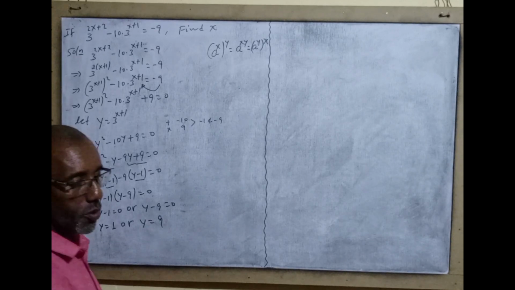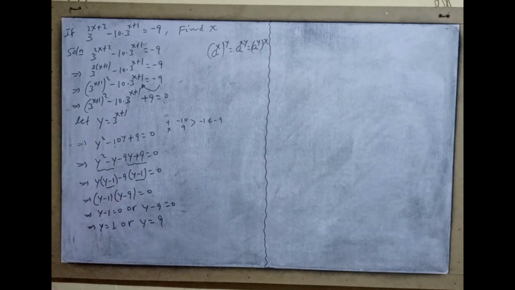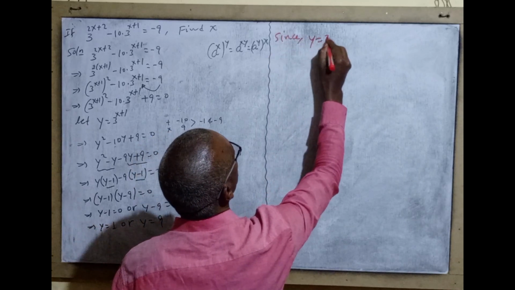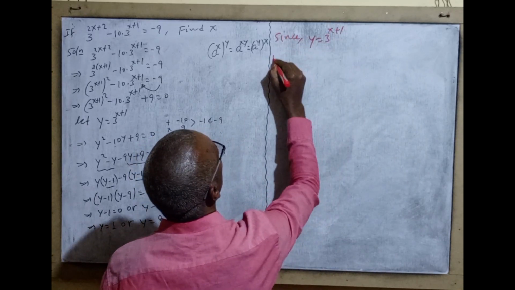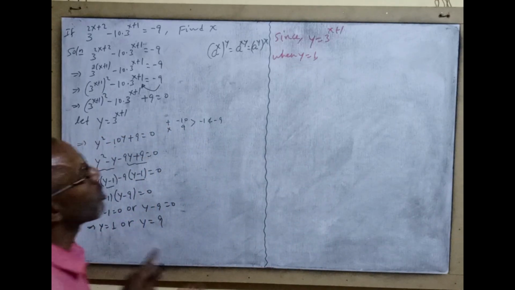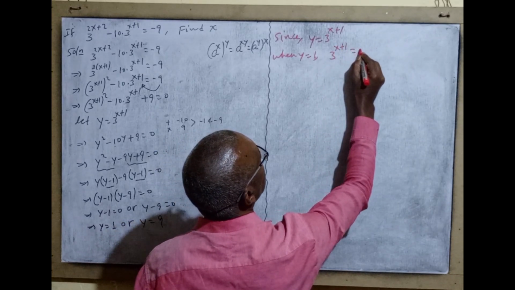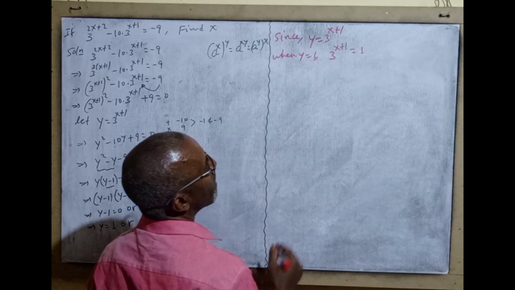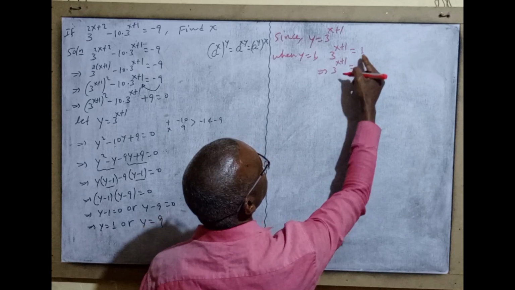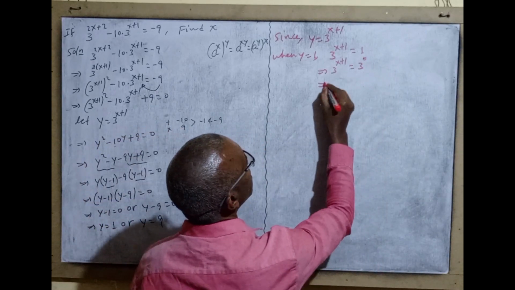Now, let's consider y = 1. Since y = 3^(x+1), when y = 1, 3^(x+1) = 1, which means 3^(x+1) = 3^0.